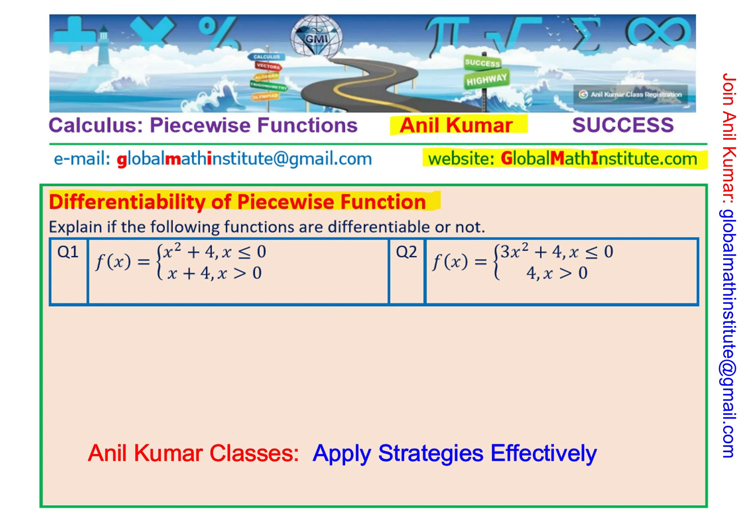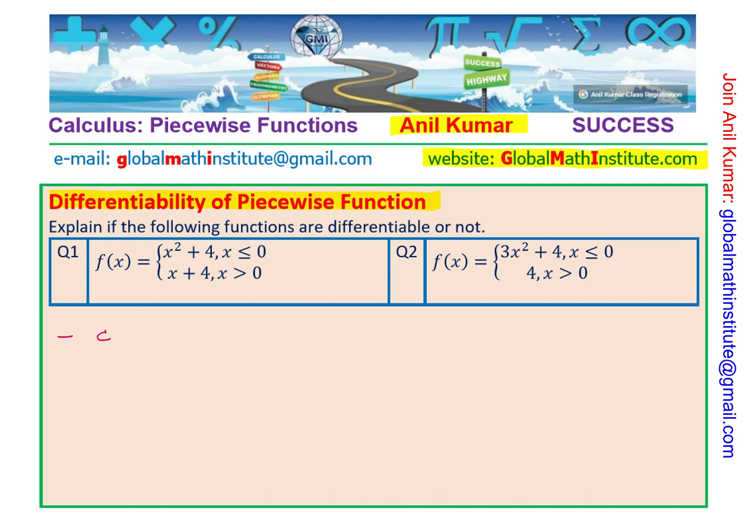Now for the function to be differentiable, we have to look into a few things. One, it should be continuous, right? So first thing, for being differentiable, it should also be continuous. Now how can it be continuous? Let's find the value of the function f of x as x approaches 0 from the left side.